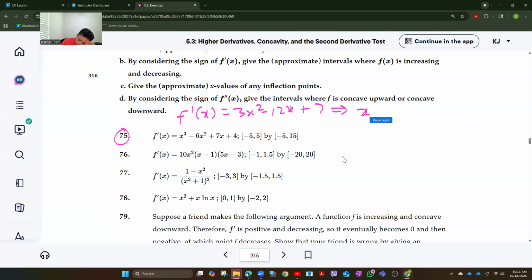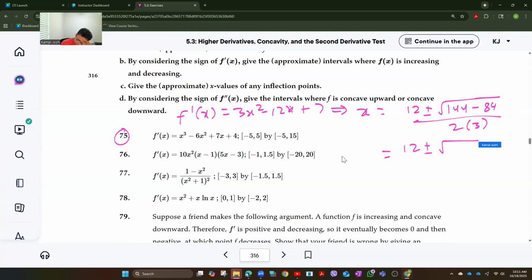If I set it equal to 0, I get x equals 12 plus minus under root 144 minus 28 times 3, which is 84, divided by 2 times 3, that is 6. Okay, that's 12 plus minus under root 60 over 6.